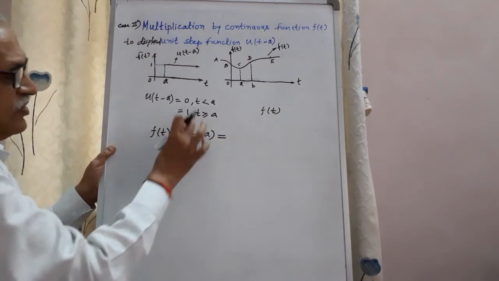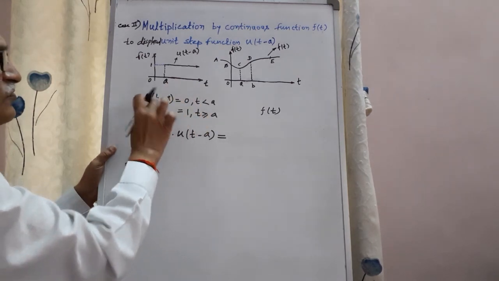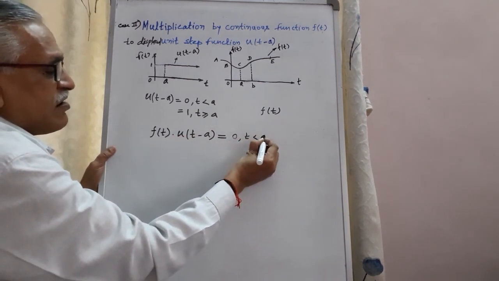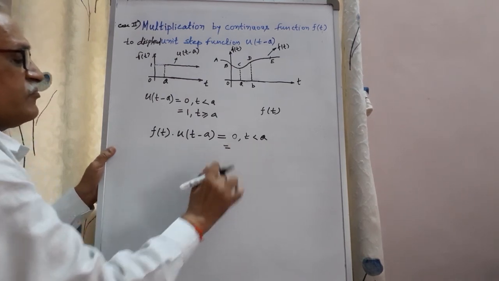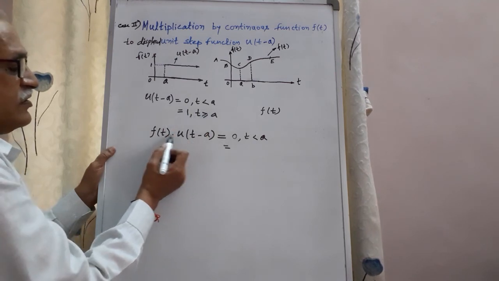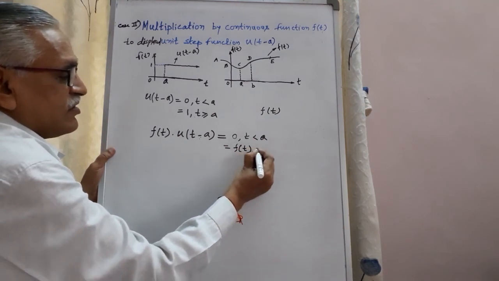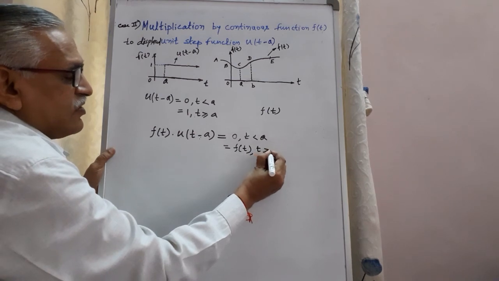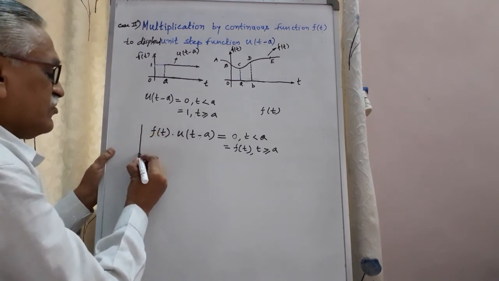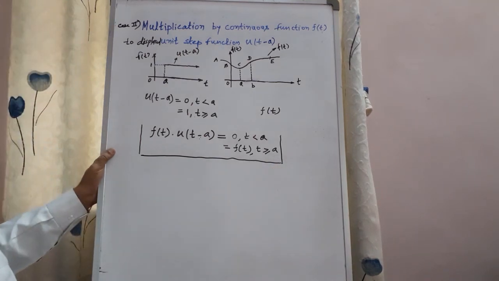and to find the value of this, we take the help of this function value. When it is 0, this product becomes 0 for t less than a, and when its value is 1 for t greater than or equals to a, this becomes 1 into f of t as f of t for t greater than or equals to a. Therefore, these are the values of this product.